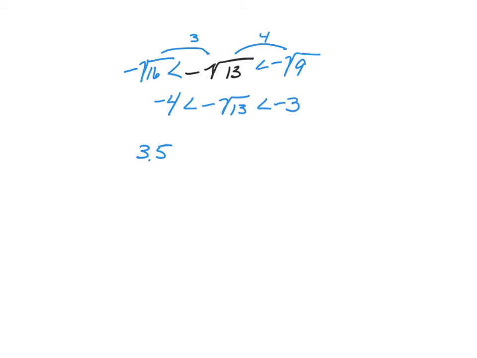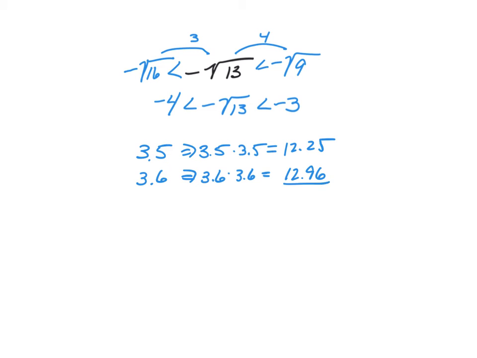Let's start at 3.5 because I can always change, go up or down based on what I get for this value. So let's find the square of 3.5, 3.5 times 3.5, which is 12.25. Okay, so 3.5 is a little bit low, so let's try 3.6. And that would be 3.6 times 3.6, and that comes out to 12.96. We're almost there.